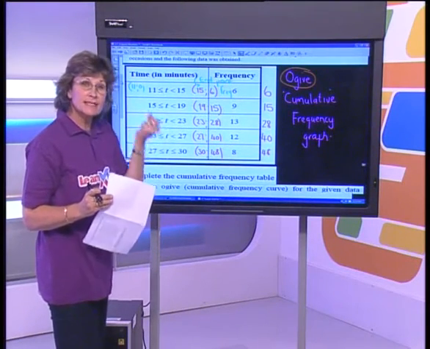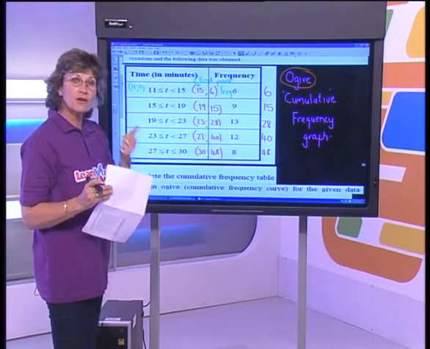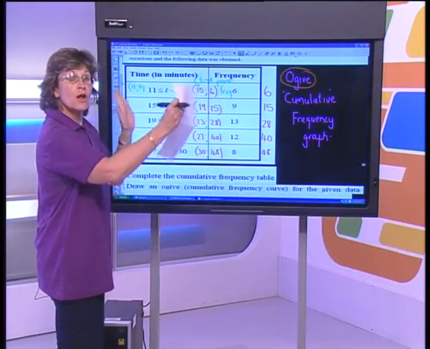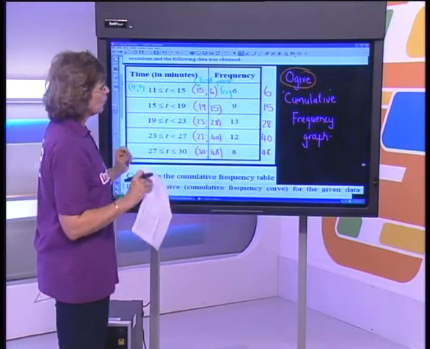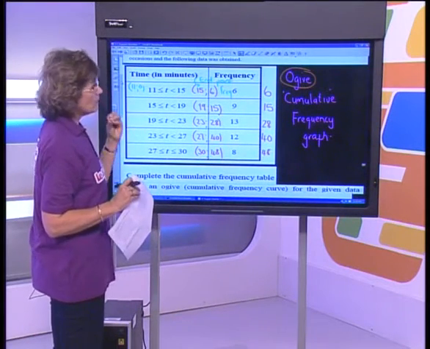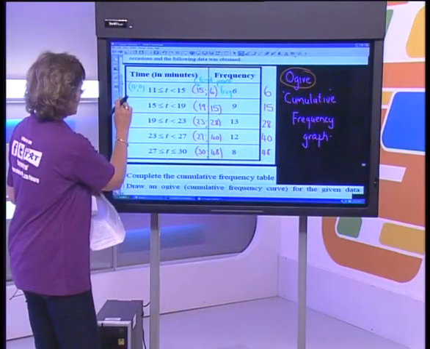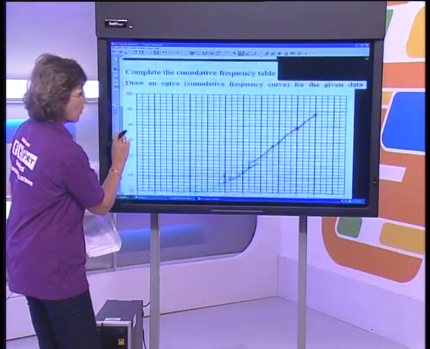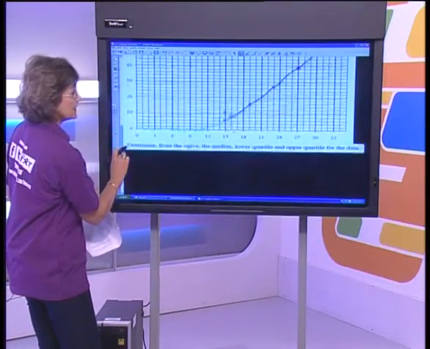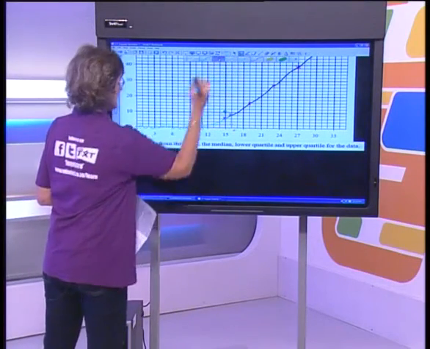When we take data and we want to understand it, one of the things that we want to have a look at is the actual spread of the data and also the midpoint, or what we call our measure of central tendency. Now, when we have got an ogive, what we are very interested in using it for is using it to find the median.